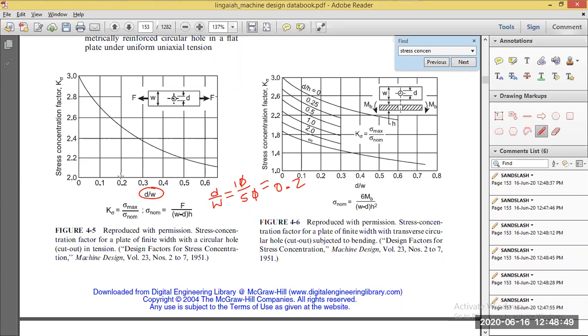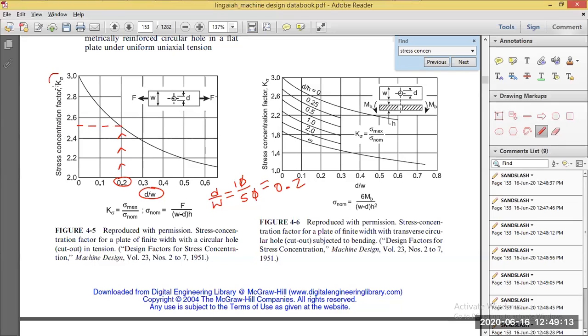For 0.2, you need to go straight up along this line. Wherever it intersects the curve, from there you draw another line back to the x-axis.